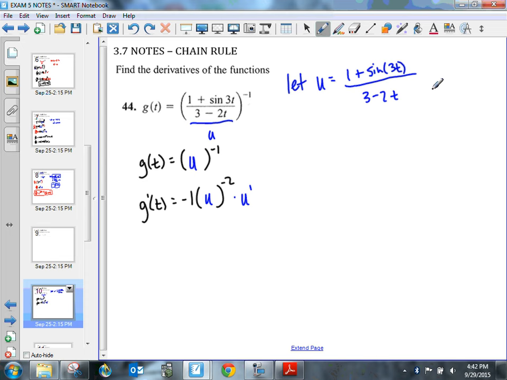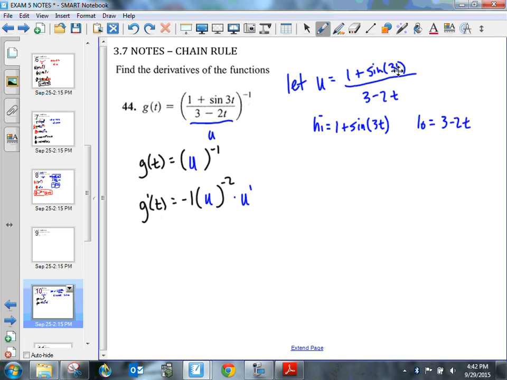So I have a high function, and that high function is 1 plus sine of 3t, and I have a low function, and that function is 3 minus 2t.